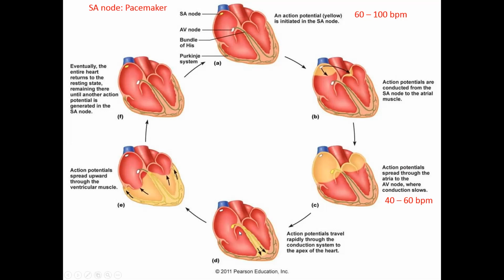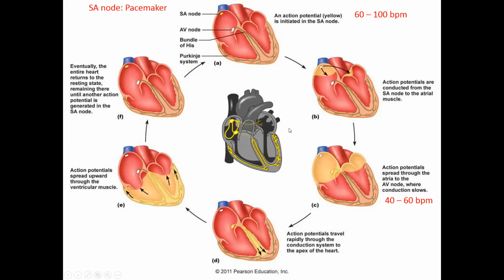And so then it goes down the bundle of His and up the Purkinje fibers. And when it does that, it causes an action potential in the ventricles, and the ventricles contract. Eventually, the entire heart returns to the resting state, and it remains there until another action potential is generated in the SA node. So the SA node is the pacemaker of the heart. When it's working properly, it's beating between 60 to 100 beats per minute.